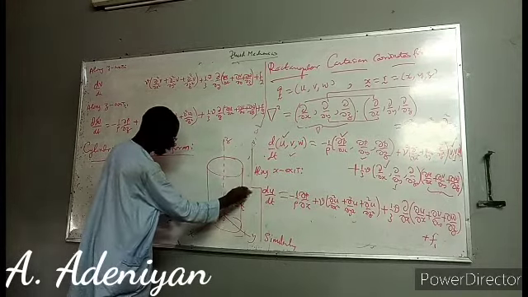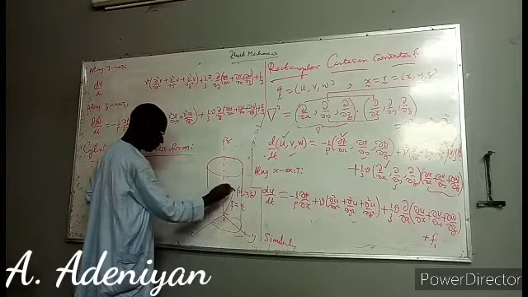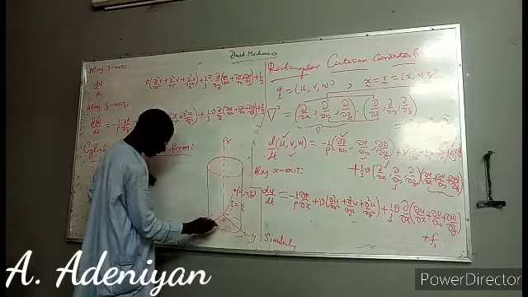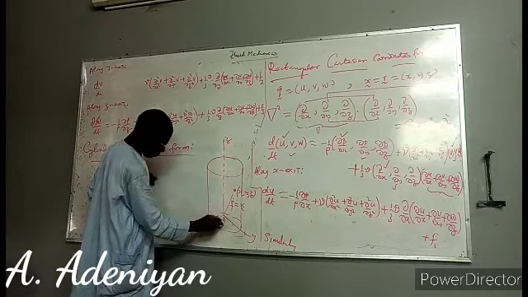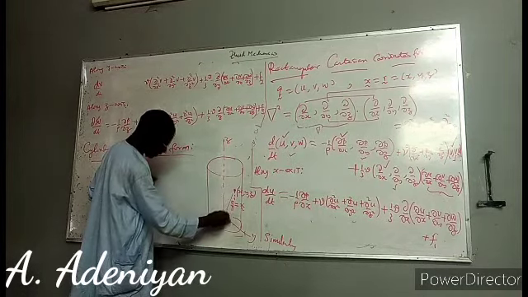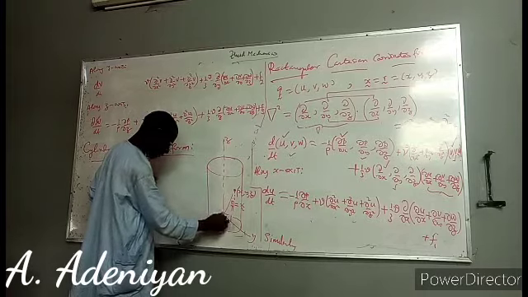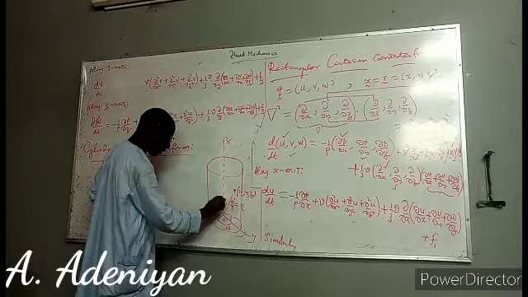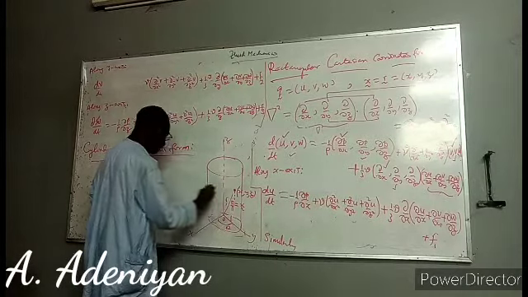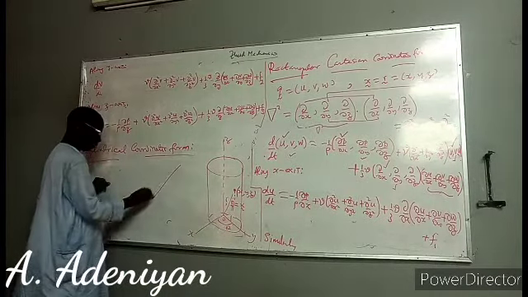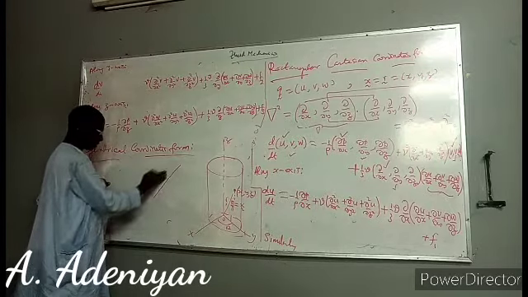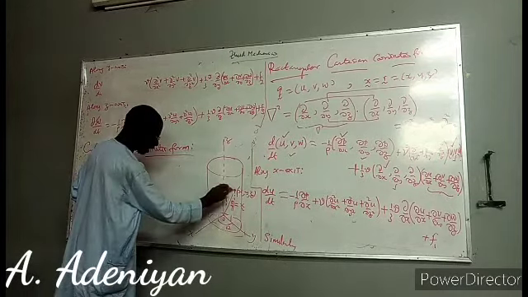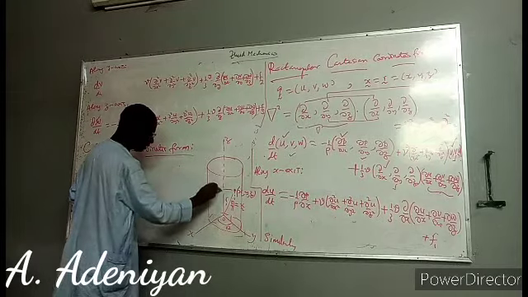If it's a point x, y, z, you can actually write it in terms of angular movement. If you are tracing this down to this, and this angle is theta, and this length is r, so in the cylindrical coordinate system this is r, this is theta, and along this is z.